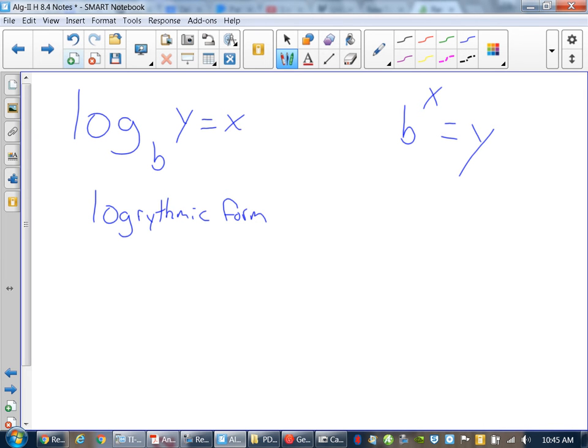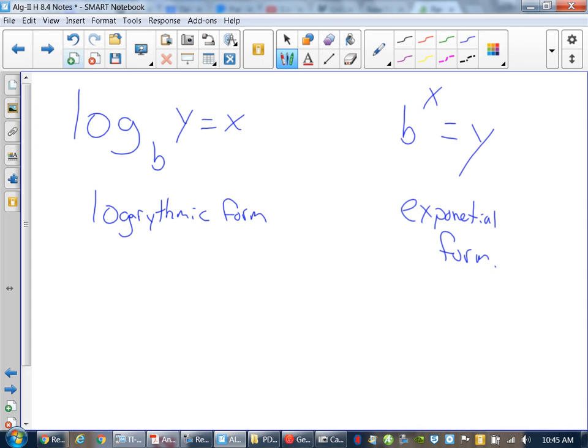I don't think I spelled the word logarithmic correctly, but whatever. Anyway, so I worry about something called logarithmic form versus exponential form. They mean the exact same thing. It's just dependent upon how things are written.